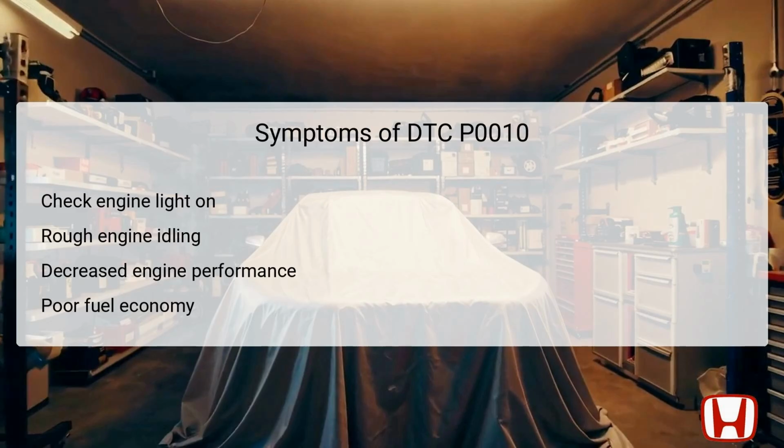Additionally, a decrease in overall engine performance can be evident, manifesting as sluggish acceleration or loss of power during drivability tests. Finally, poor fuel economy may result due to inefficient engine operation, where the vehicle consumes more fuel than normal. Addressing DTC P0010 promptly helps mitigate these symptoms and prevent potential long-term engine damage or performance degradation.